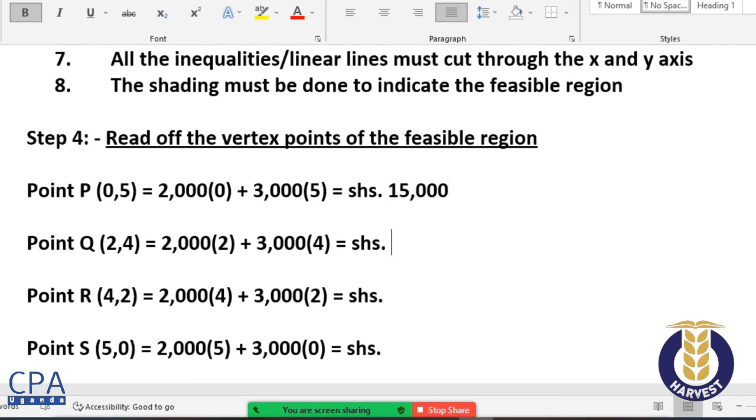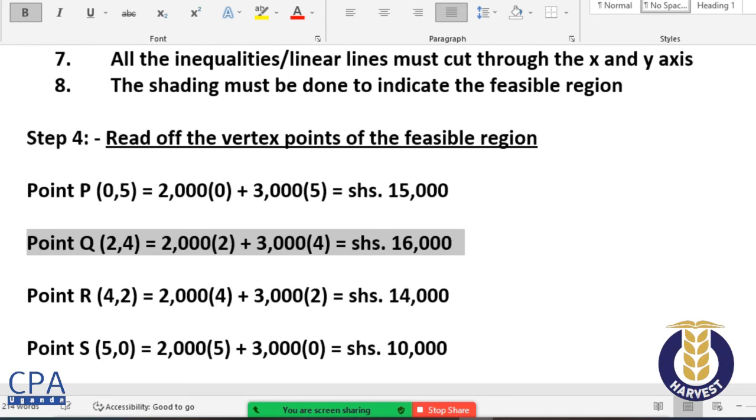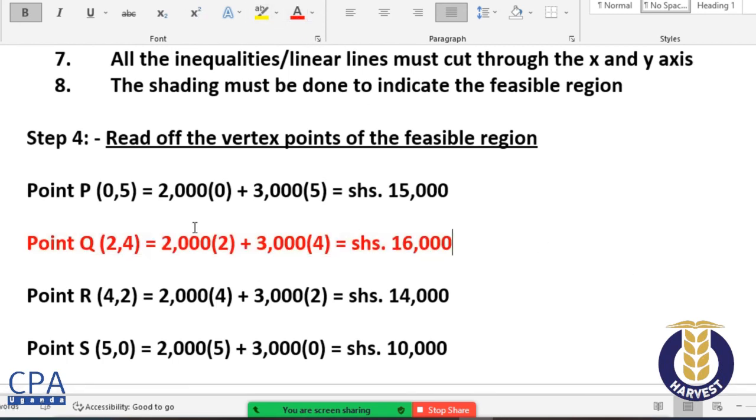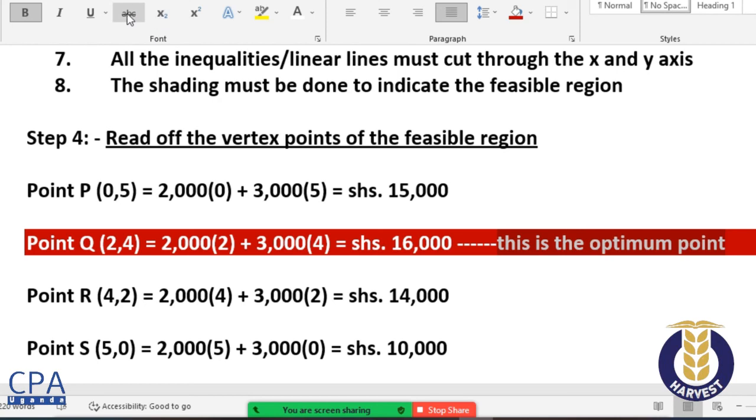At point Q, 16,000. At point R, how much is that? This one is 10,000. So we see profit being maximized at point Q. Point Q is the point at which we maximize our profit. This is the optimum point.